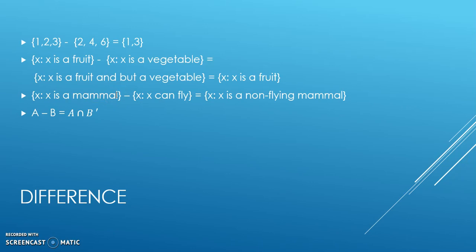The first set with some things removed, possibly. But really, nothing in the second set will be in the difference. Okay. Now, as I pointed out before, the difference can be made from the others. A difference is the same thing as intersecting with the complement of the second set.